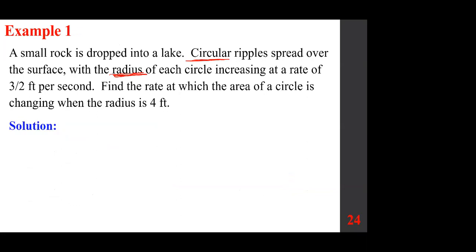So I hope you realize the very first piece of information from geometry we need is the relationship between a circle and its radius. I hope everybody knows that. For example, the area of a circle equals, anybody?